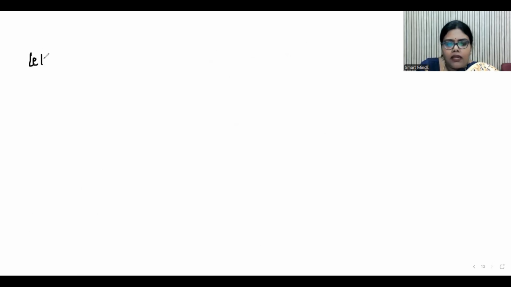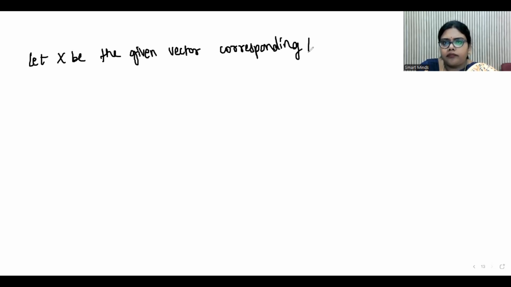Now let x be the given vector corresponding to eigenvalues lambda. So A minus lambda I into x is equal to 0.